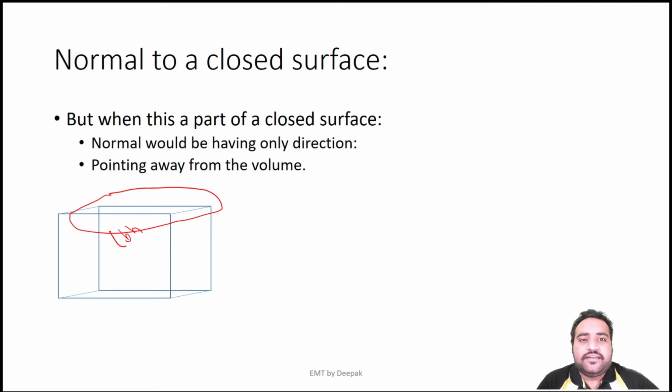For you to understand, imagine you have a water bottle. If this water bottle is closed, then the surface is closed. If this water bottle is not closed, if it is open, then the surface is open. Again, when it is closed, you can hold fluid inside it in all possible directions.